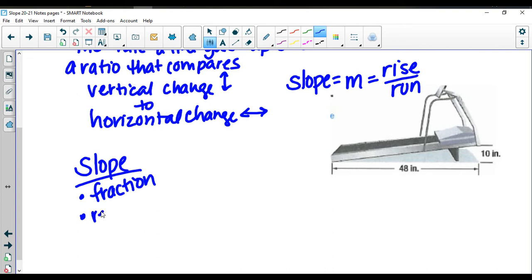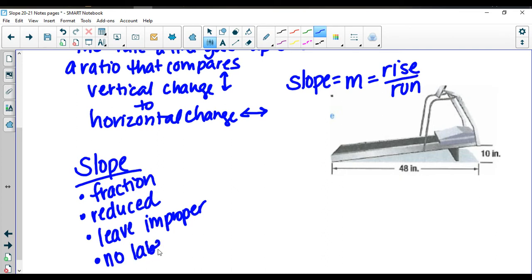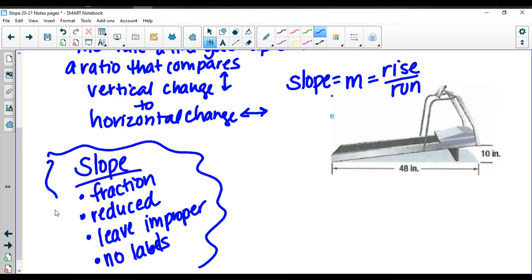We are always going to make sure that the fraction is reduced. We are always going to leave it improper. And we are going to make sure that when we do slope, it is just our number and there are no labels. So these are 4 important facts about slope. Leave it as a fraction, make sure it's reduced. If it's necessary, leave it improper and make sure there are no labels with it.